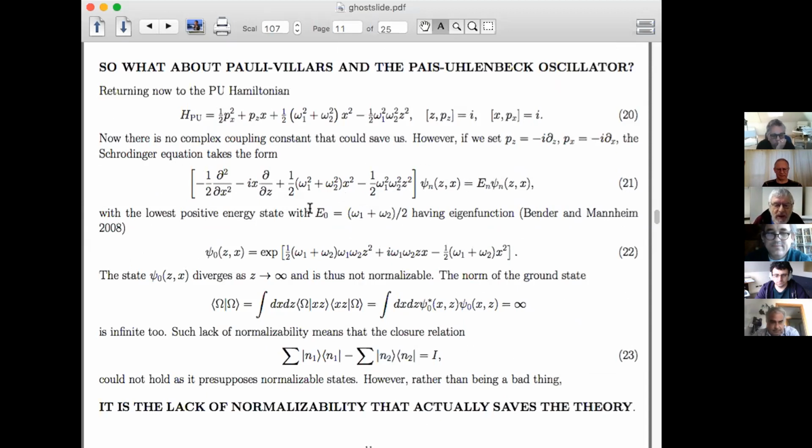You look at the ground state, the one with that zero-point energy, omega 1 plus omega 2 over 2, and you find, and Carl and I found this in 2008, that the wave function, which is solvable exactly, goes like e to the plus z squared and e to the minus x squared. So it's normalizable in x, but it's not normalizable in z. So the state diverges as z goes to infinity and is not normalizable.